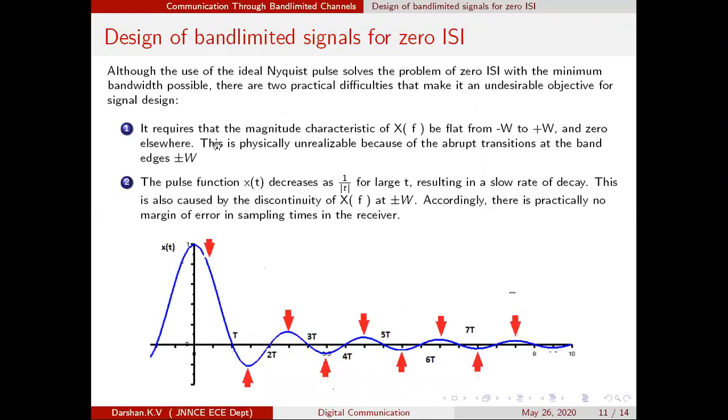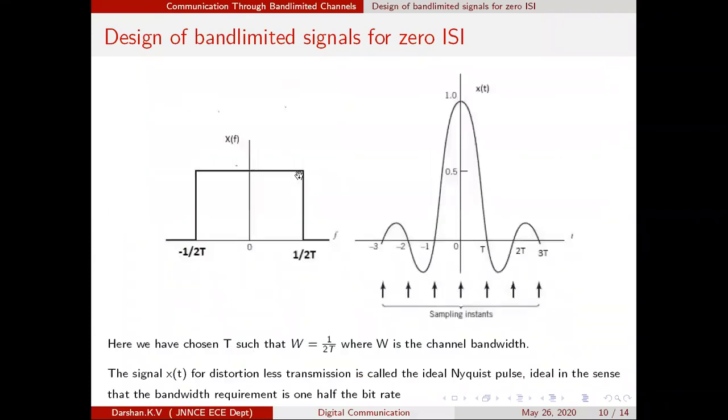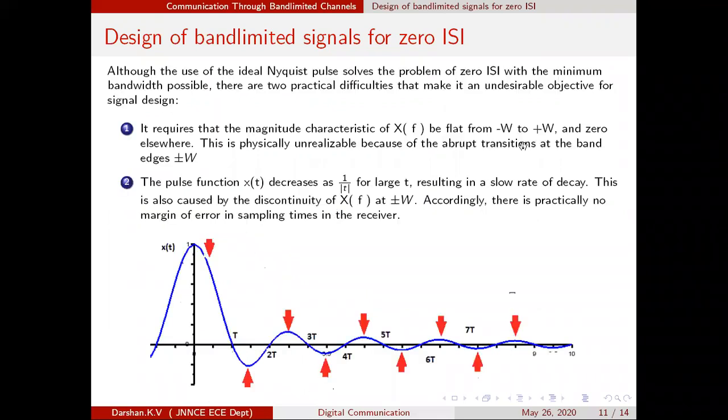It requires the magnitude characteristic of X of f to be flat from minus W to plus W, and 0 elsewhere. Flat means this straight line. So this type of flatness is also not possible, and also this abrupt transition, both. Exactly this shape we cannot achieve. That we need to remember.